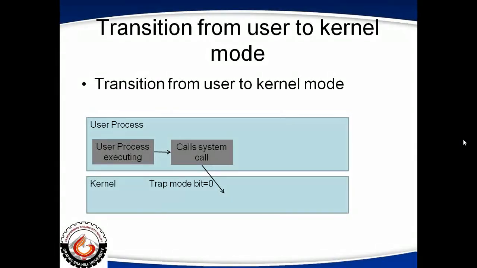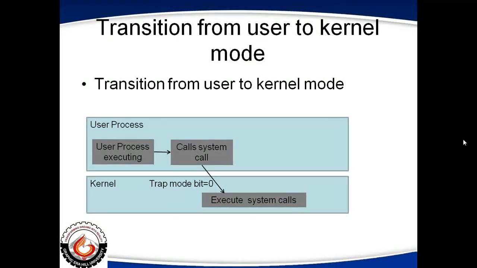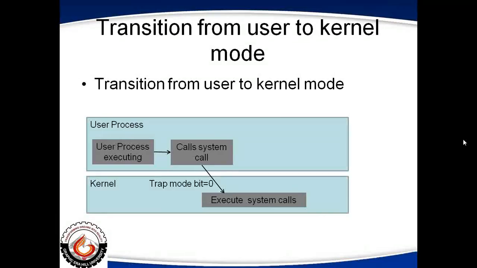During this, our trap, meaning interrupt, mode bit is equal to 0. After the execution of system calls, again your mode changes from kernel to user. Here we can say return, mode bit equals 1, means our mode changes from kernel to user.